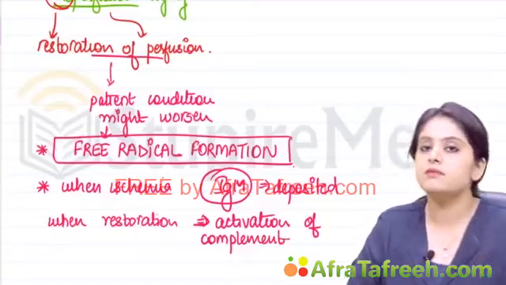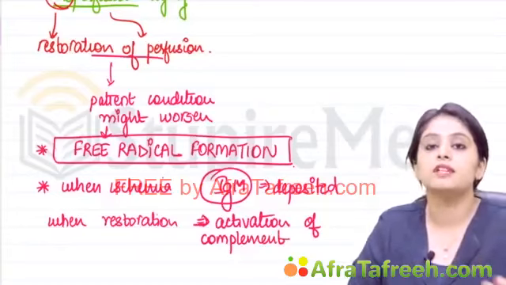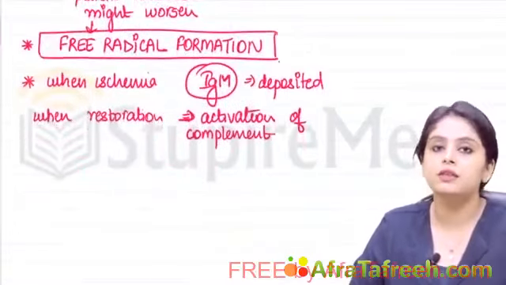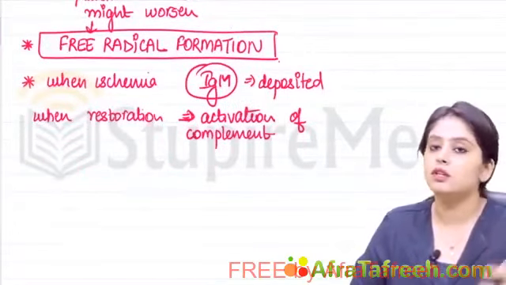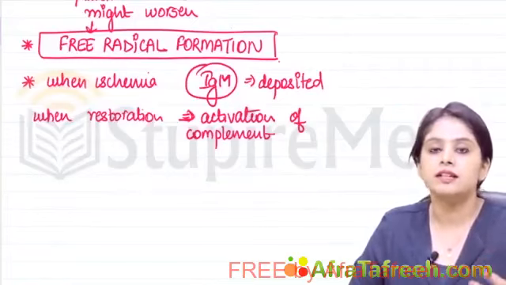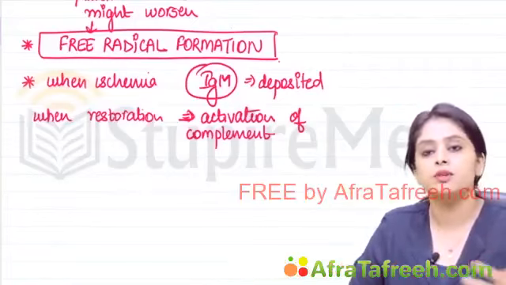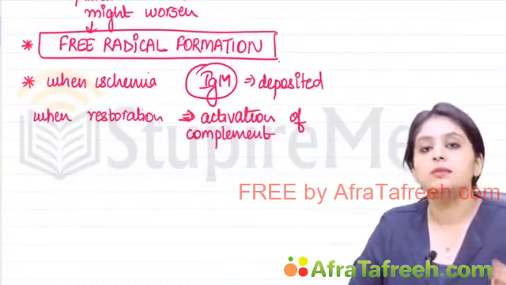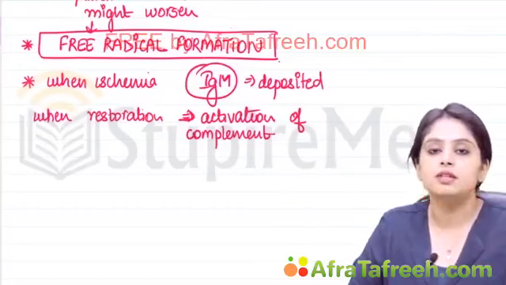So the complement system will get activated. The person will land up with more injury. The person's condition is going to deteriorate. So reperfusion injury, two mechanisms. One related to free radicals. Second related to IgM, because IgM will activate the complement system. So these were the main forms of cell death that you needed to know.